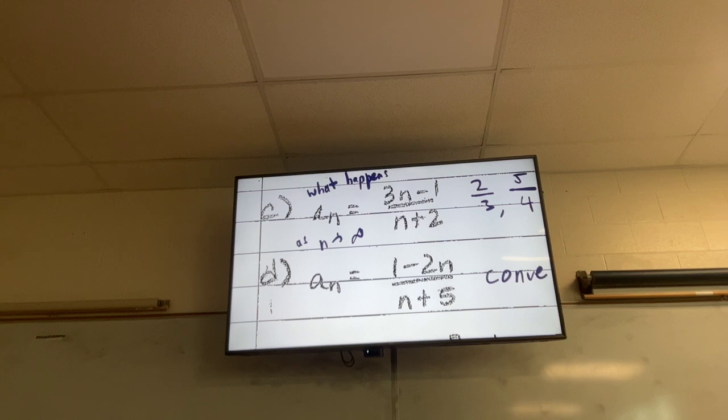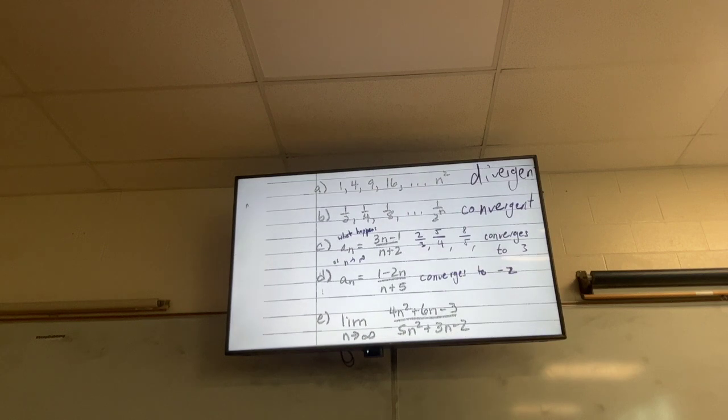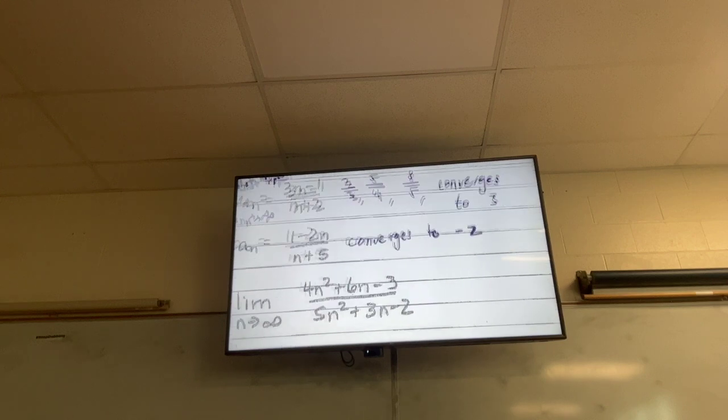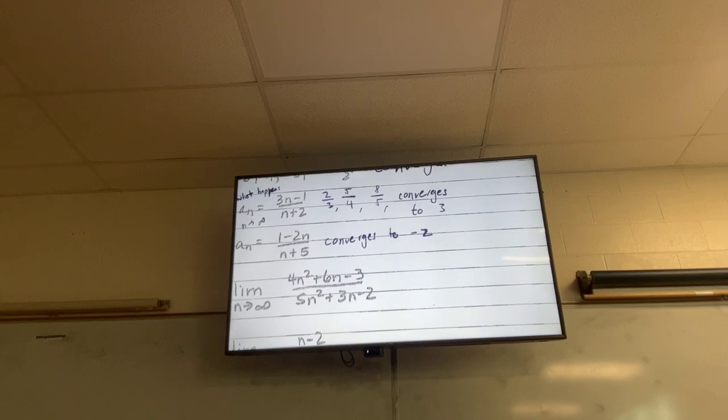Another strategy, let's write this in the margin, is to plug in a billion for n, if you suspect it's convergent. If I were to plug in a billion into the other one, I'd probably get a number really close to 3 as well. This one's going to converge to -2 then.